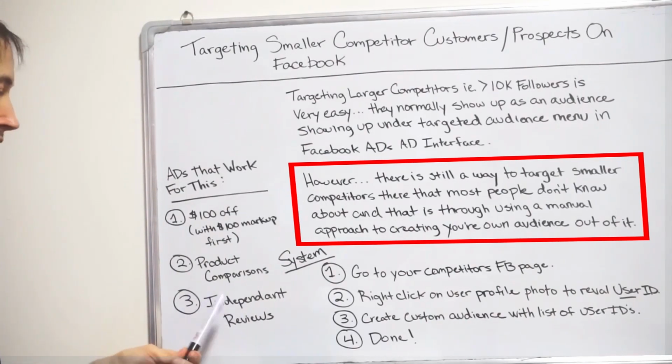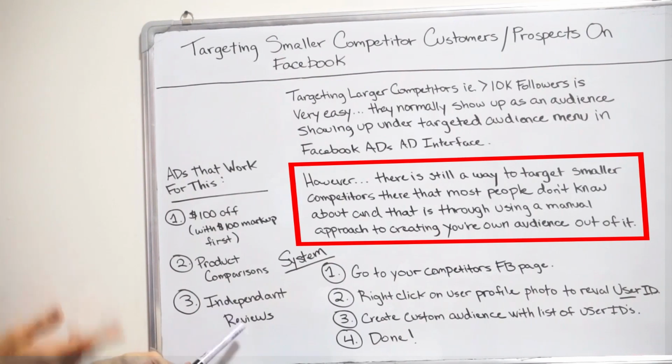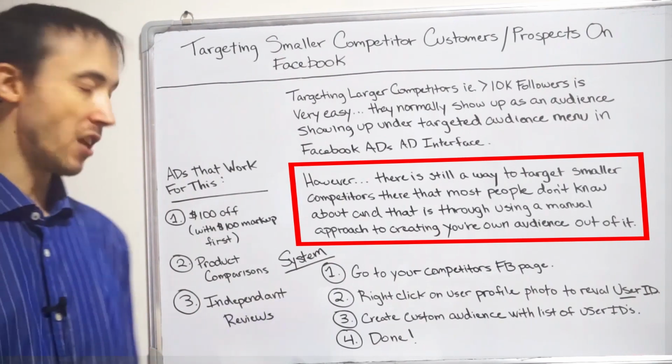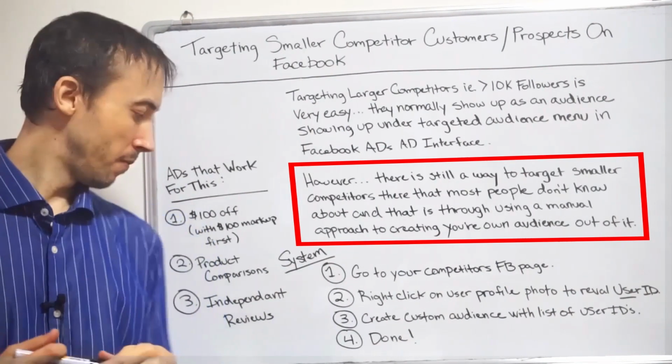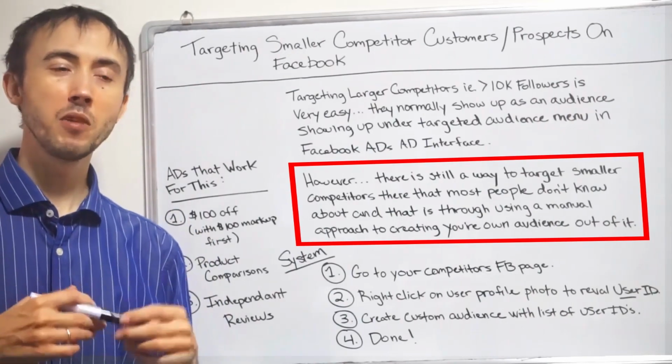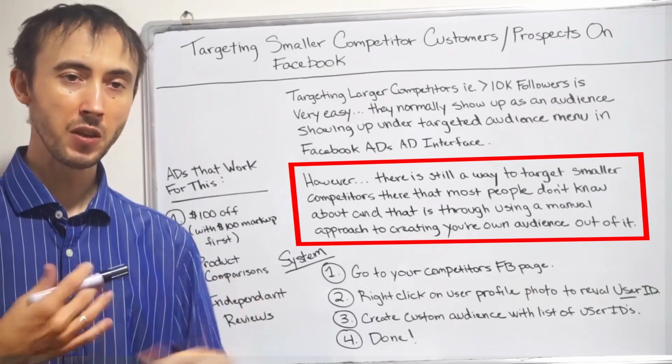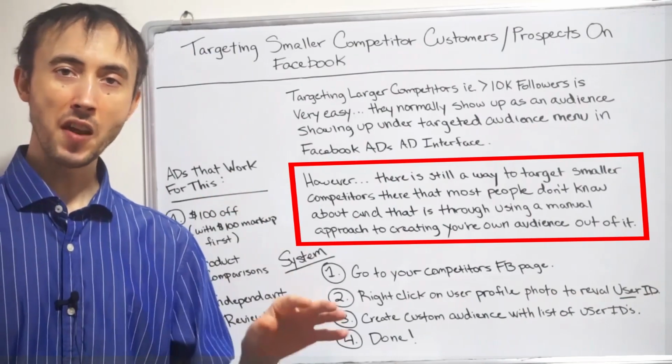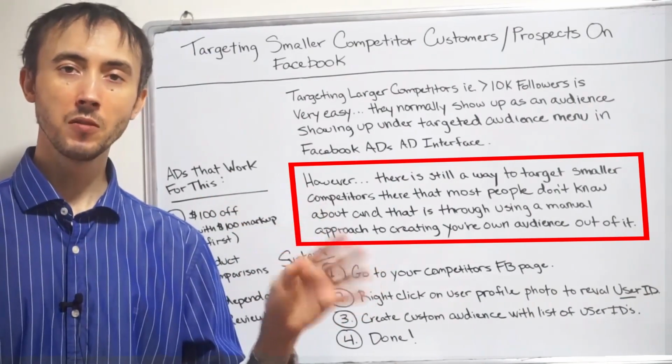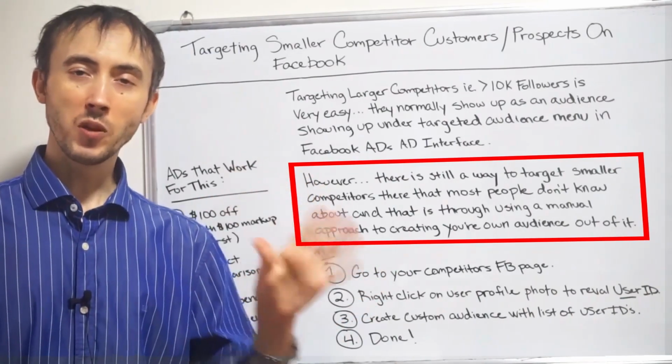Anyway, moving on, the third type of ad I use for these competitor ads is an independent review. Basically what you do is you get a third party to review what you're doing. What a competitor says about you is 4 times as strong as what you could say about yourself.